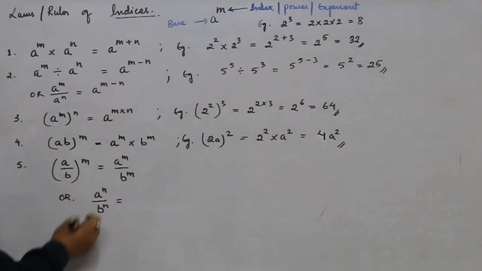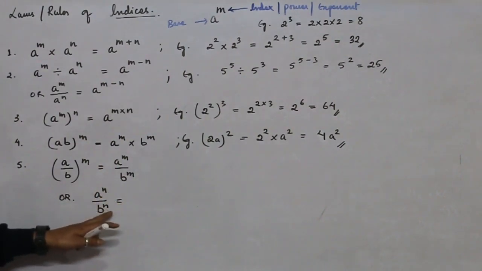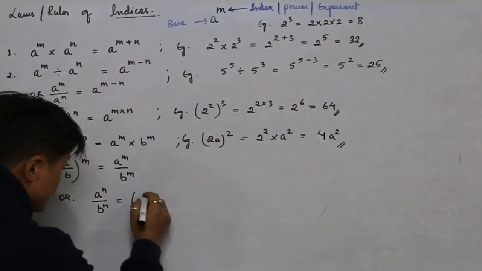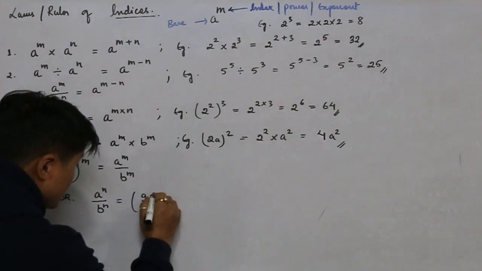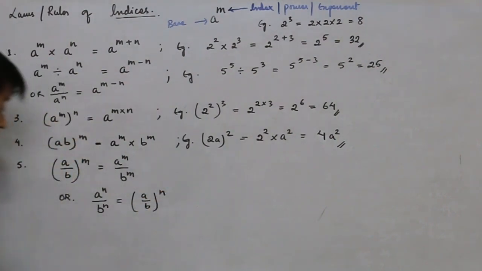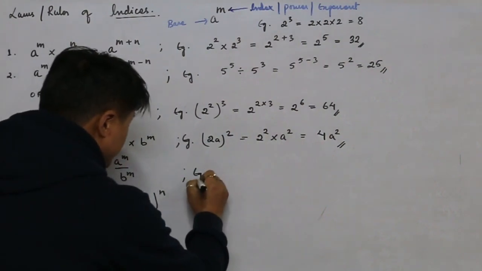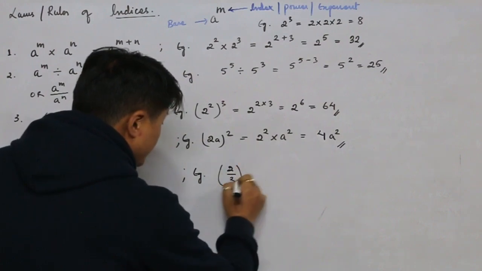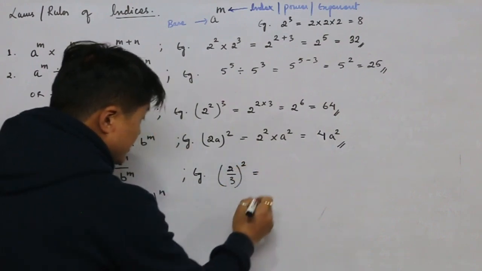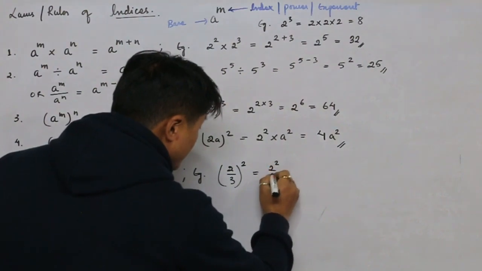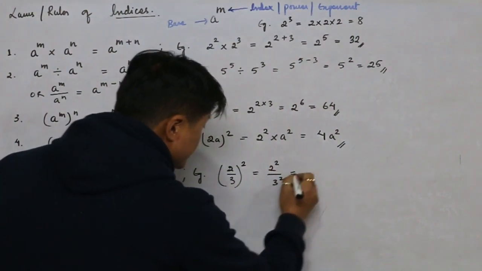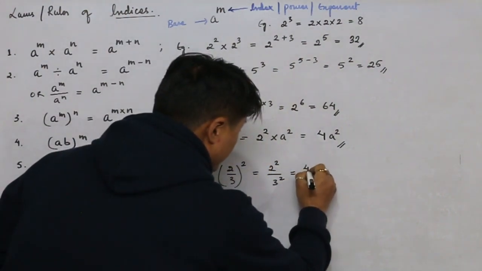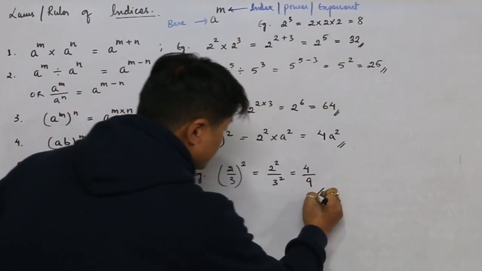When we have the numerator and the denominator with the same power, then they can be written within the bracket, a by b whole to the power n. Clear? So let's take one example. 2 by 3 whole to the power 2 can be written as 2 square upon 3 square. This can be written as 2 twos are 4, 3 threes are 9.